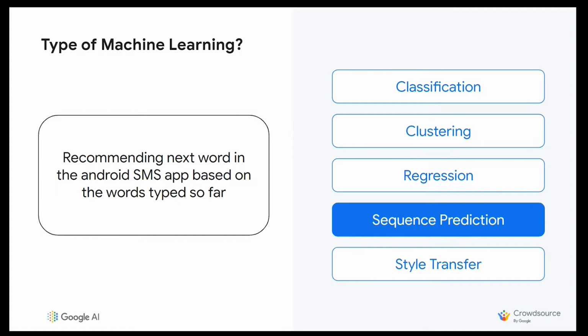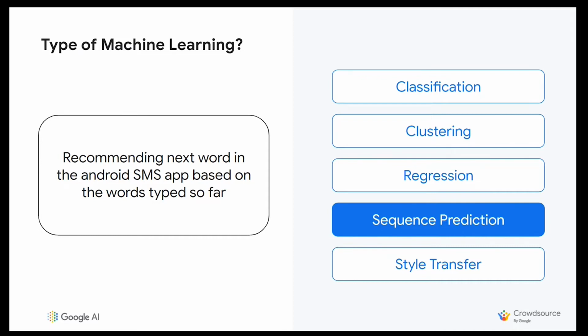In this scenario, instead of letters, we have words. So a sequence of words will predict the next word. If you just type my name, this application will predict the new word is. So we try to fill the next word. That is sequence prediction.